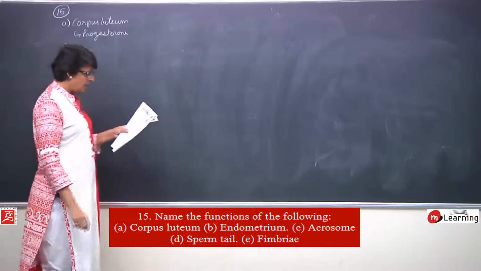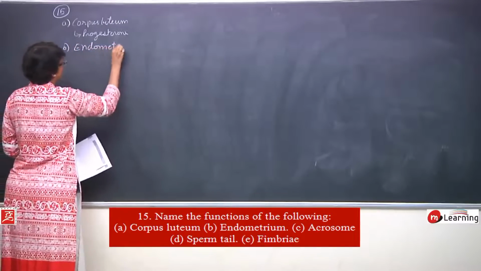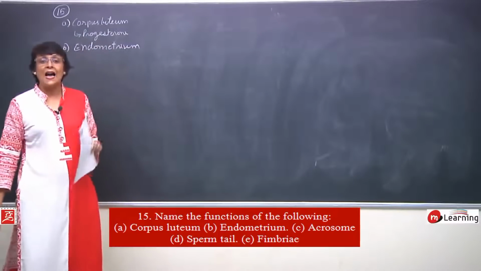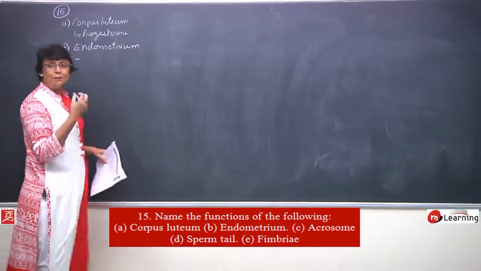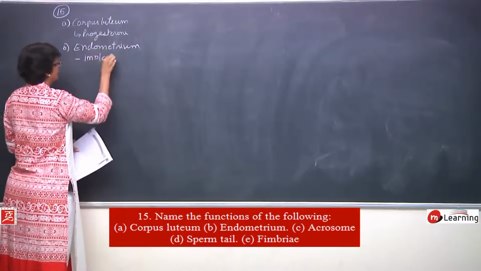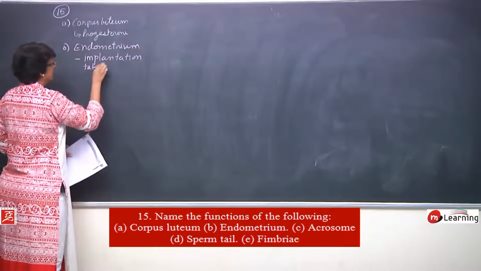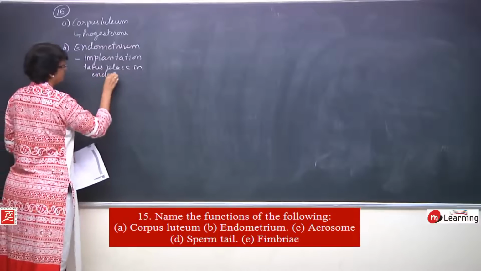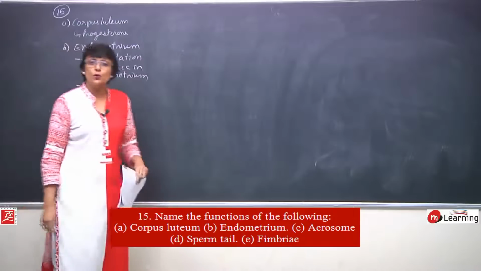The second structure is endometrium. What is endometrium? The innermost lining of the uterus. It is highly vascular and glandular. So, it is the place where implantation takes place. Plus, it is going to provide nourishment.